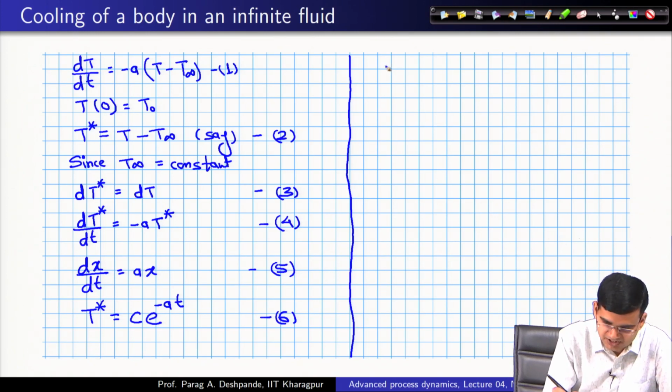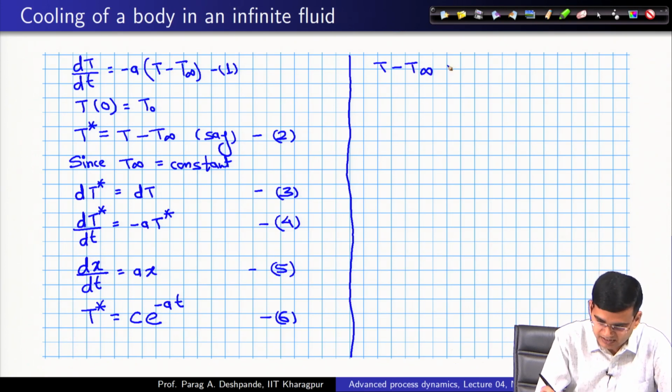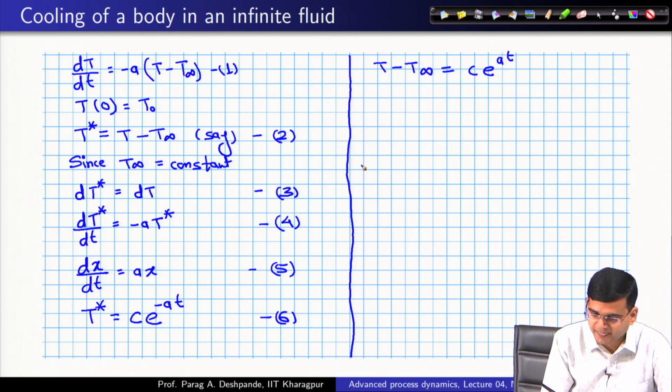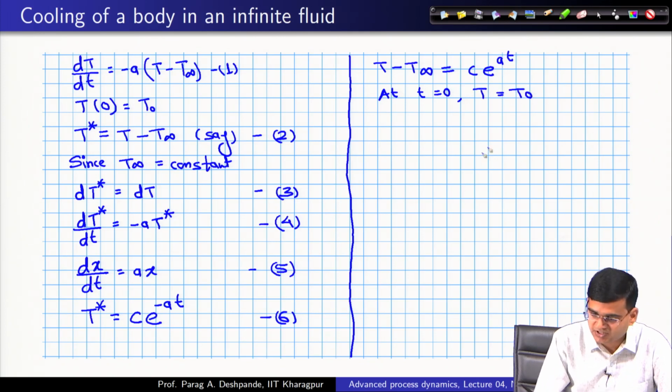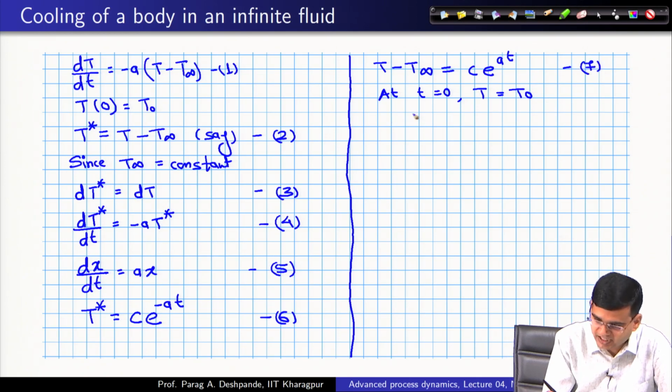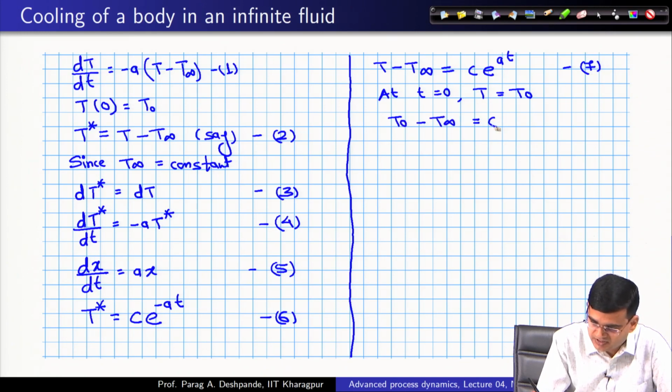From equation 2, my T star was T minus T infinity, and this is equal to C e to the power minus a t, and at t is equal to 0, my temperature T is equal to T 0, right. So, I will substitute it in equation number 7. So, I have T 0 minus T infinity is equal to C.